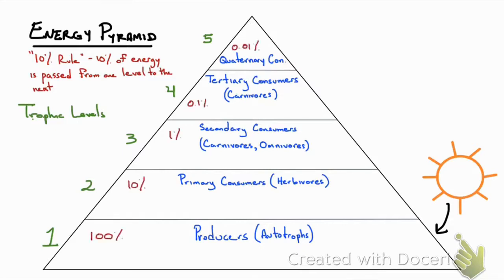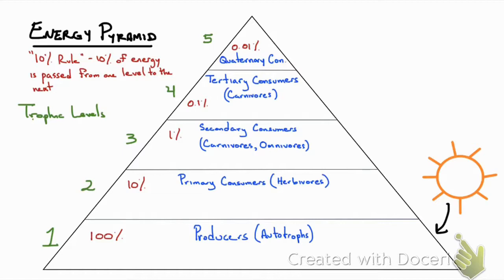In other words, if we start with 100% of energy in our first trophic level, then the second will only maintain 10% of that energy. The third would only contain 1%, or 10% of level 2. The fourth level would contain 0.1%, and the fifth level would contain 0.01%. In each of these steps, 90% of the energy is being lost from one trophic level to the next.